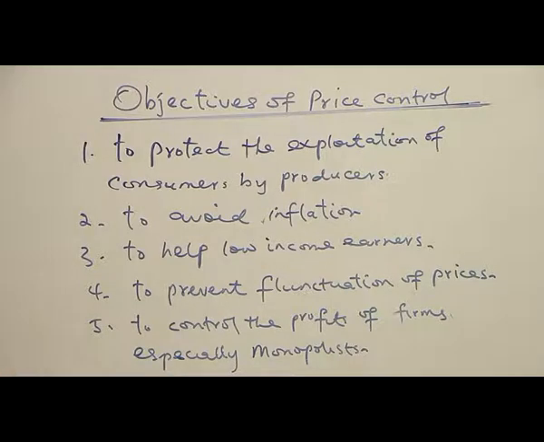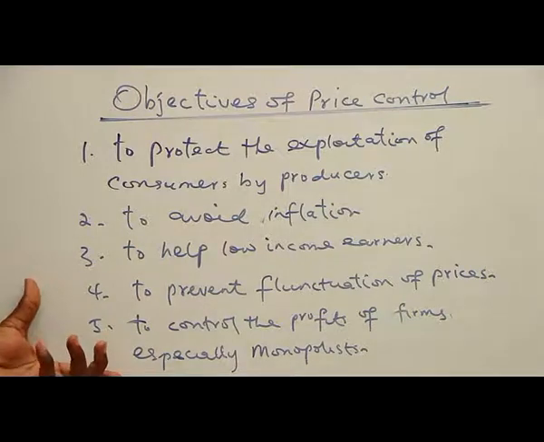Then the last one, to control the profits of firms, especially monopolists. A situation where we have a firm that is the only one producing a commodity in an economy. If care is not taken, the firm will continue exploiting people, and the profit of the firm will continue increasing.